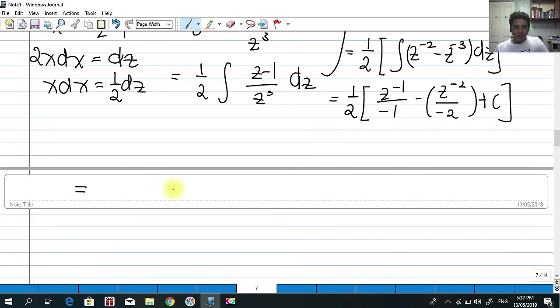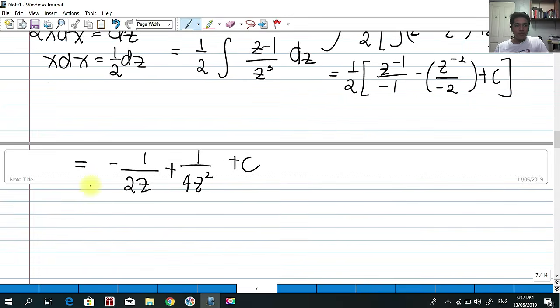So 1/2 times z raised to negative 1 over negative 1 is negative 1 over 2z. As we can see here, we have a minus sign, then a negative, so that should be positive. But we have a 1/2 here, so we can distribute the 1/2 so that it becomes 1/4, and bringing down the z raised to negative 2, we have now 1/4 z squared plus c.